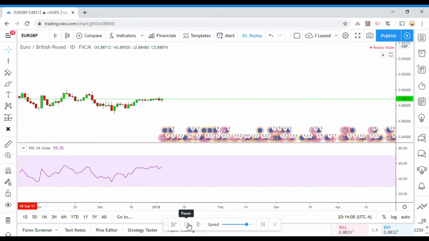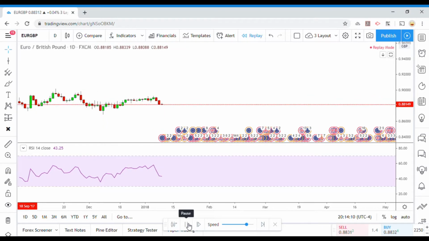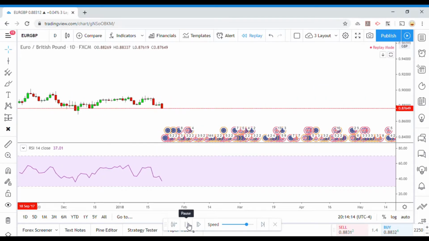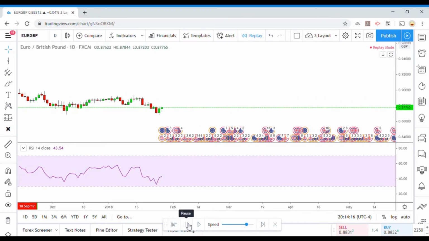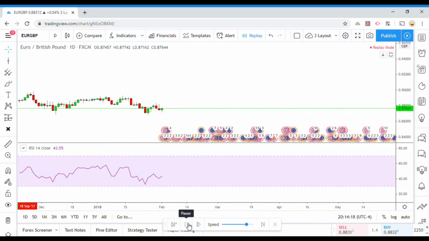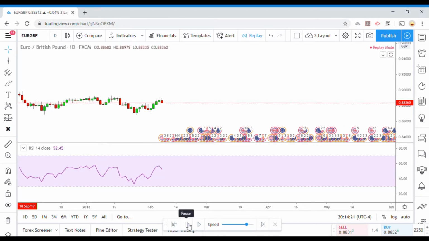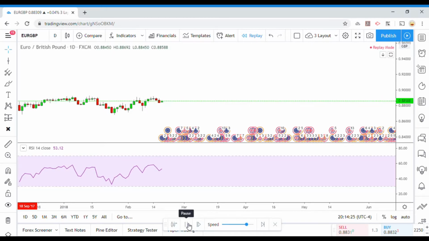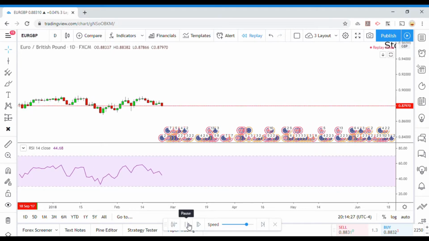The fact that so many people have learned about the RSI, and I'm sure there are lots of people out there who use the RSI, that makes it almost a self-predicting indicator.